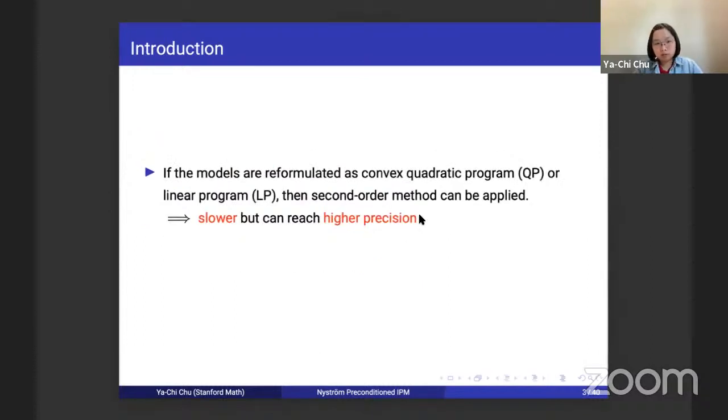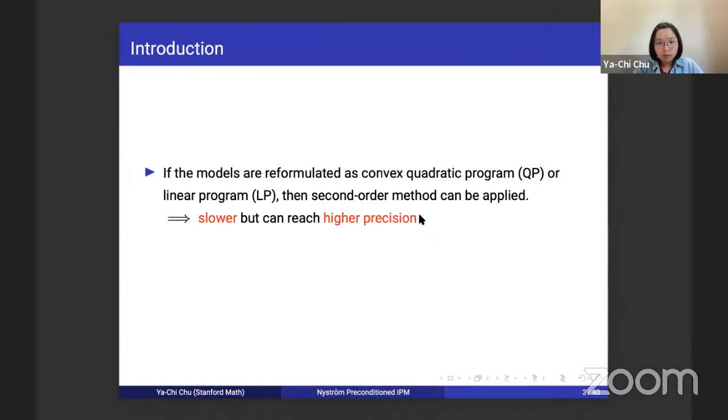But this model sometimes can also be reformulated as either a convex quadratic program or a linear program. In that case, we can apply second order methods to solve it. Second order methods are slower for sure, but they can provide higher precision for this model.